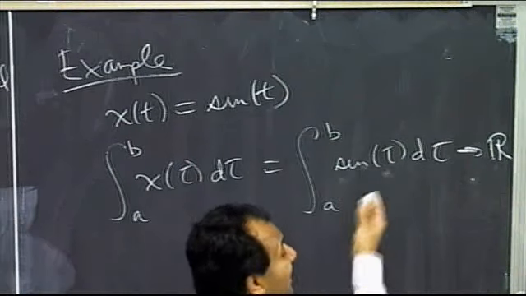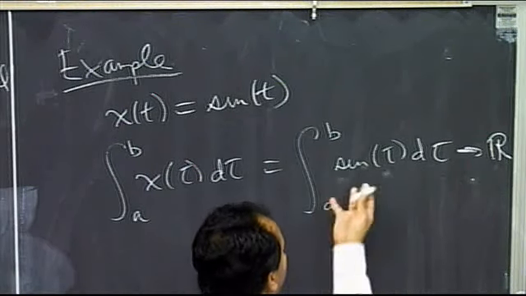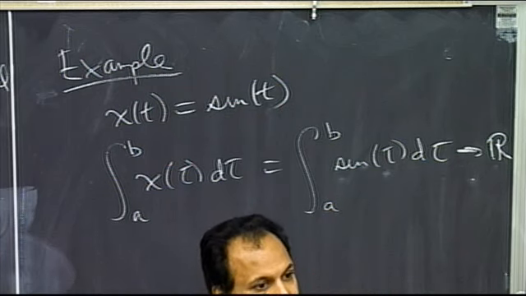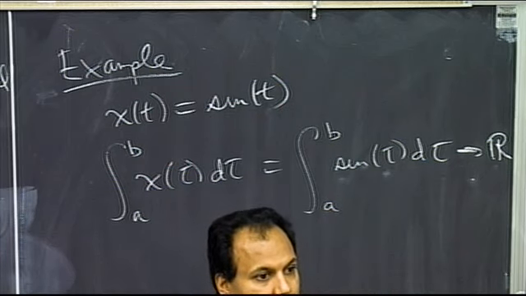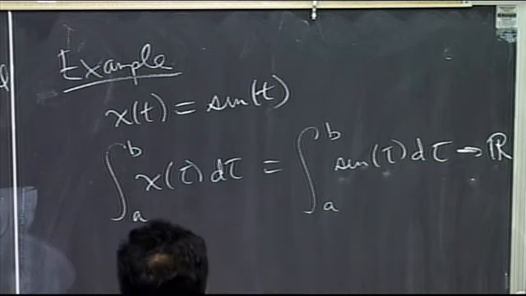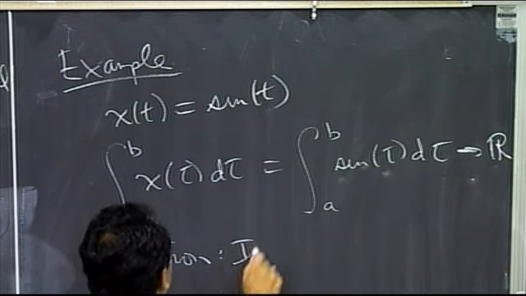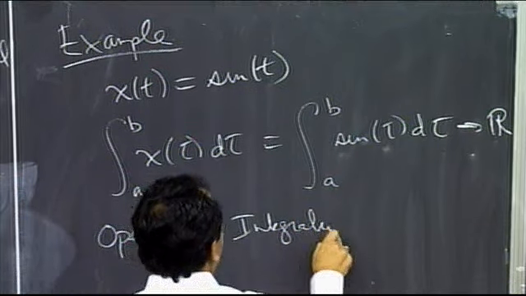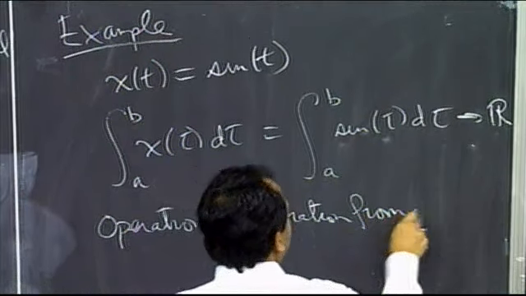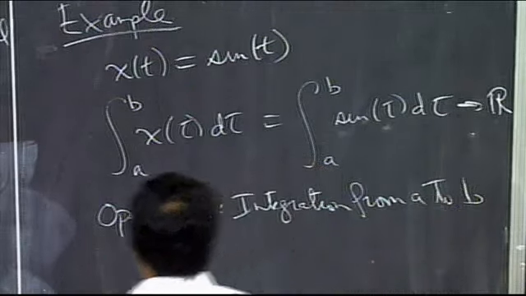But what's the input to this operation? What's the operation, first of all? Integration, right? So the operation is integration from A to B. What's the result?